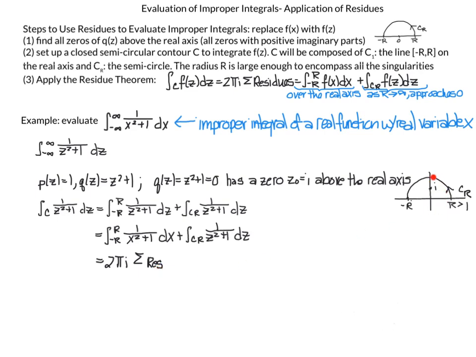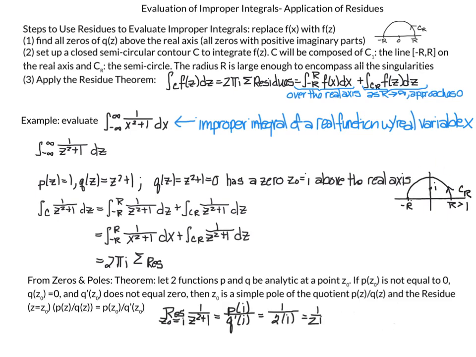But we did choose our curve to enclose all the singularities above the real axis. And to calculate the residues, remember that chapter where we talked about calculating residues? This is why. You might want to go back and review it. But here we have z equals i.